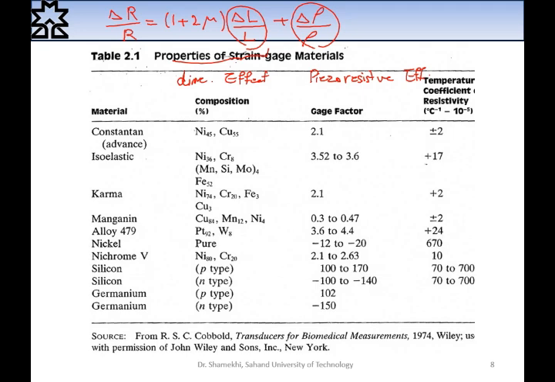The first part, dimensional effect, is dominant in the metals, and the second part, piezoresistive effect, is dominant only in the semiconductor materials.